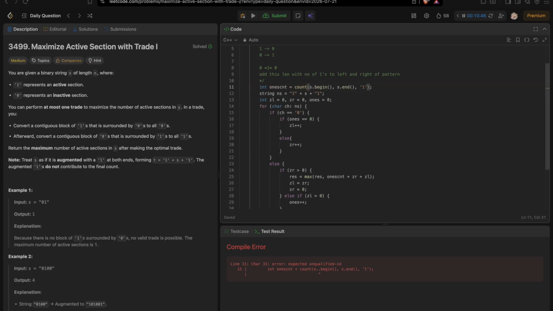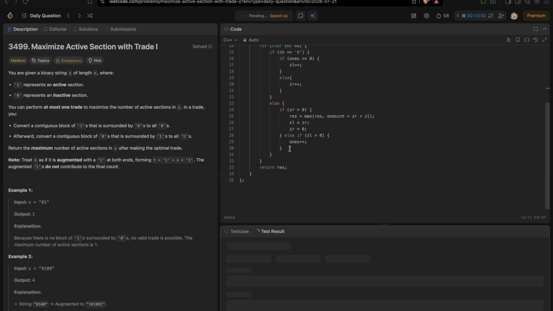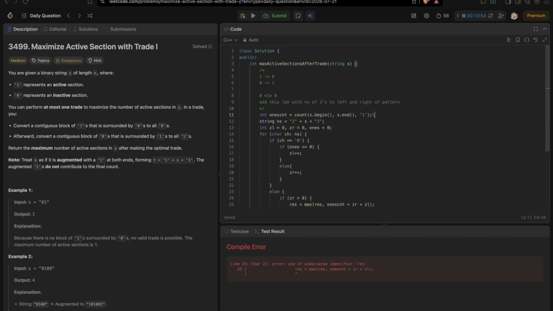We have two dots here. I haven't taken the result, and result is 0.